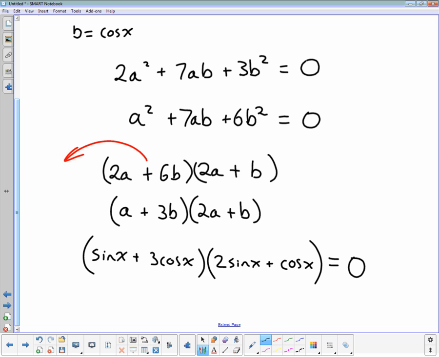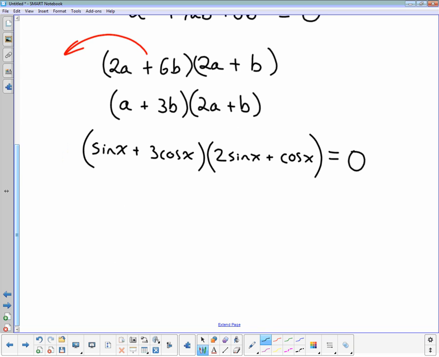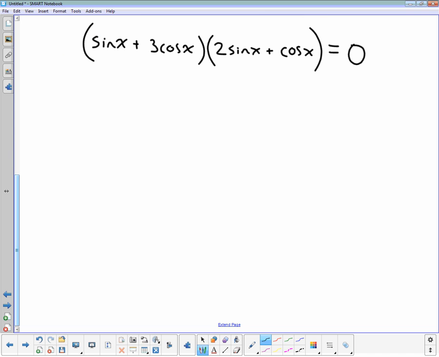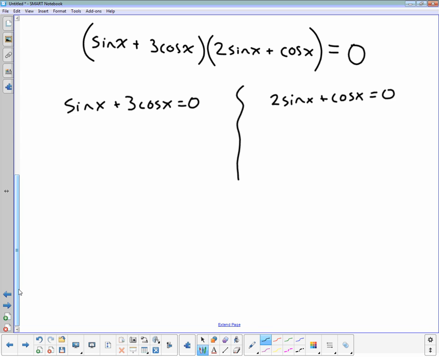Now, we have two scenarios to fool with. So, equals 0. 2 sine x plus cosine of x equals 0.